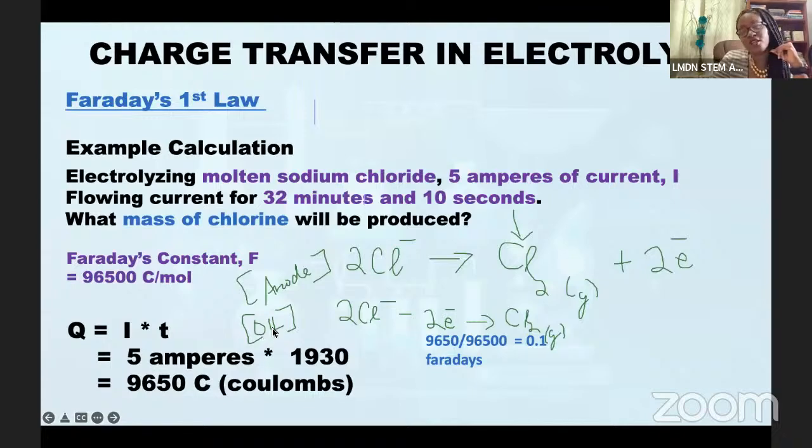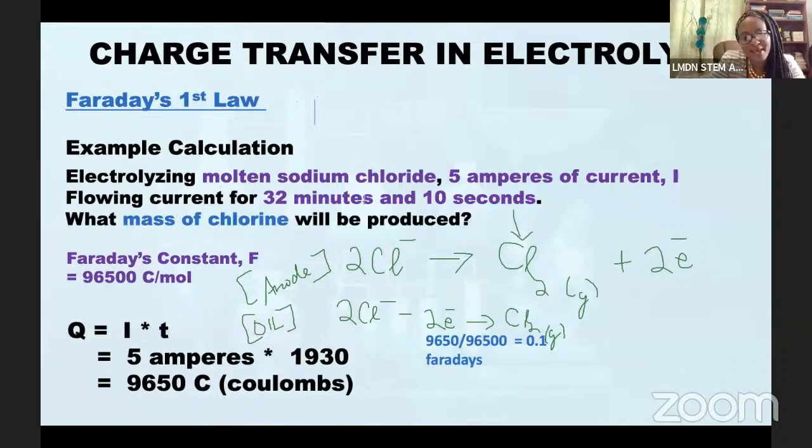So oxidation is loss, because this chlorine, in order to become negative, had gained an extra electron, and because of that, it became negatively charged. Now it wants to go back to being neutral at that anode. Because it had gained that electron, it now has to give it up, and that loss is what we call oxidation.